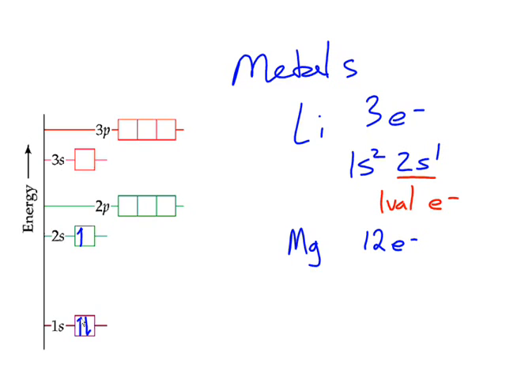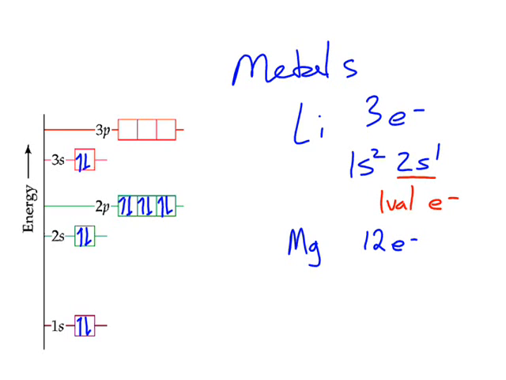So there's 3, 4, 5, 6. Again, using Hund's rule, we're going to spread out. 7, 8, 9, 10. 2 more electrons: 1, 2, going up to the 3rd level, the 3s orbital.